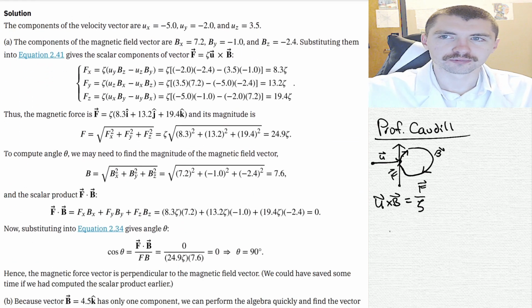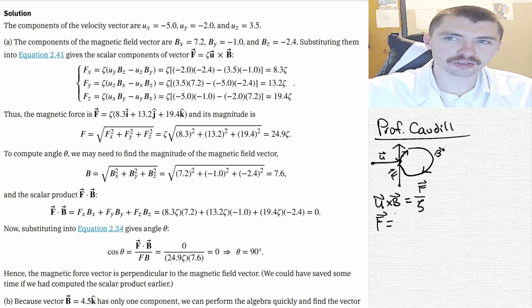So we're going to break F down into the components of this.